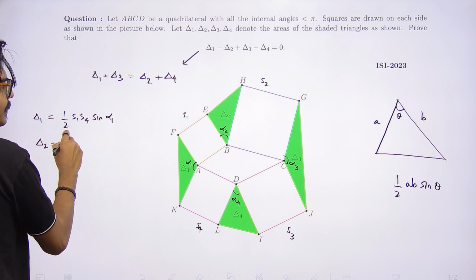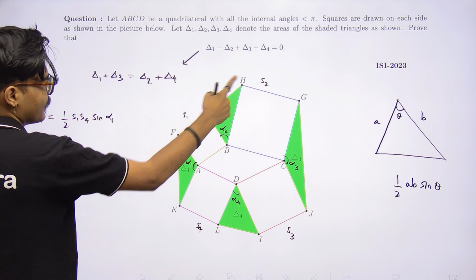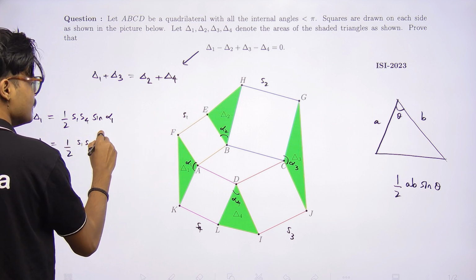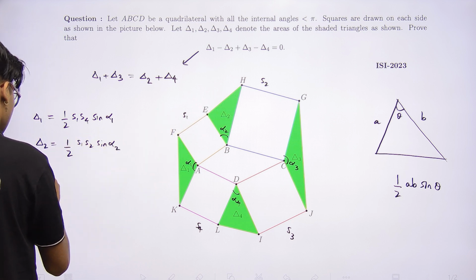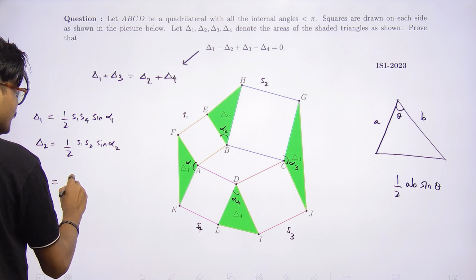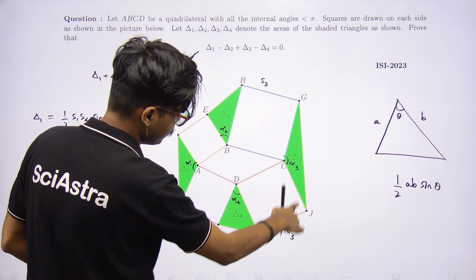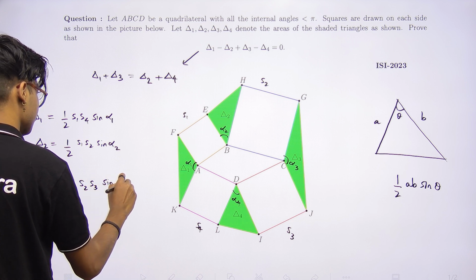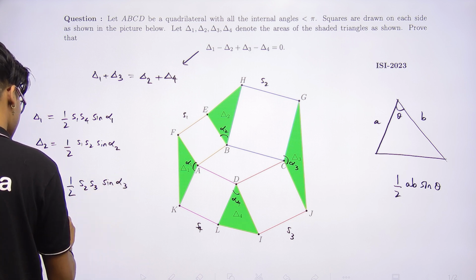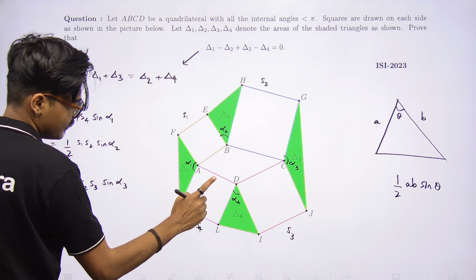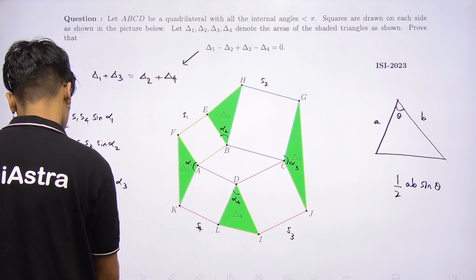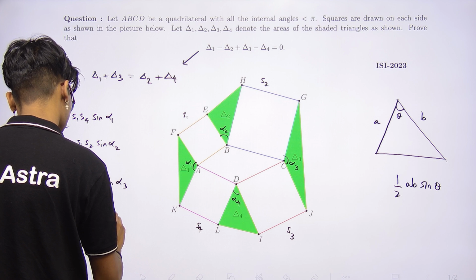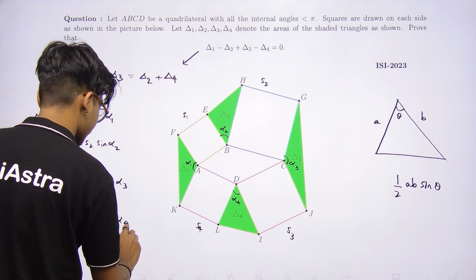Delta 2 is going to be half S1 S2 sine alpha 2. Delta 3 is going to be half S2 S3 sine alpha 3. And delta 4 is going to be equal to half of S4 S3 sine alpha 4. So this is the first thing.